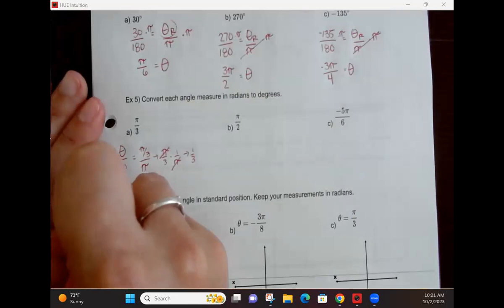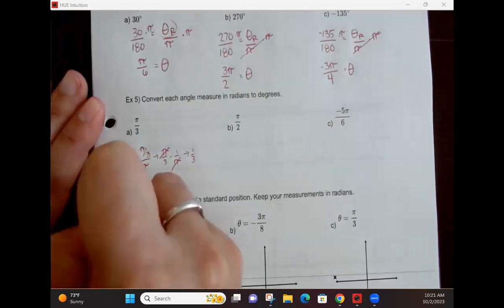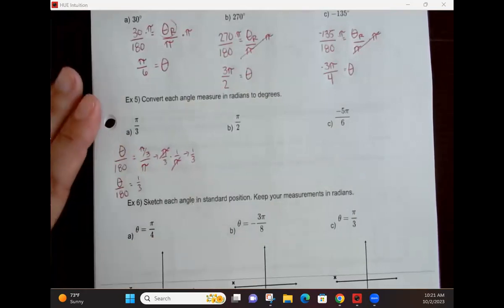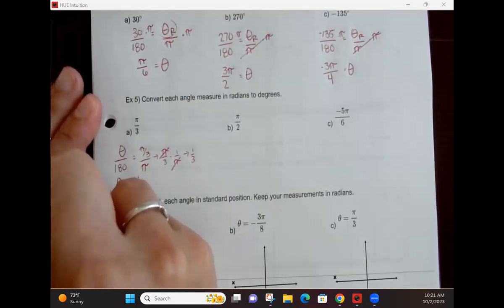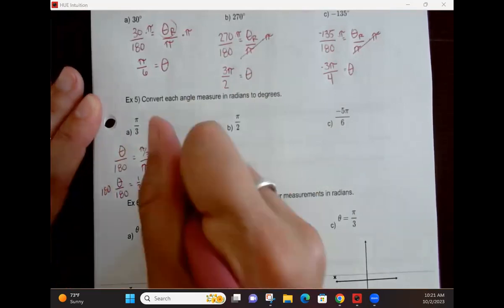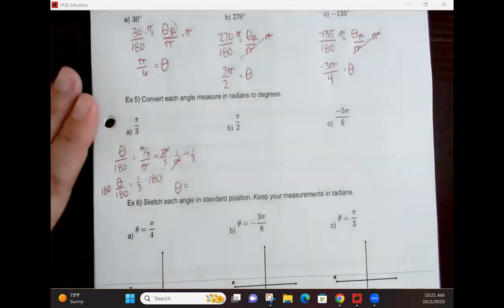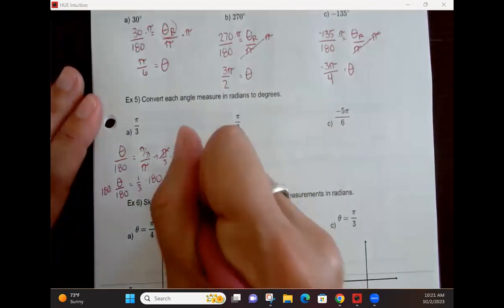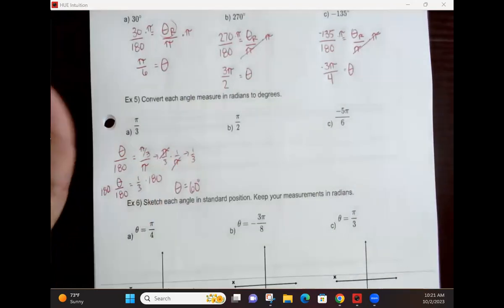So I have theta over 180 equals 1/3. Multiply both sides by 180. And we get theta to be 60 degrees.